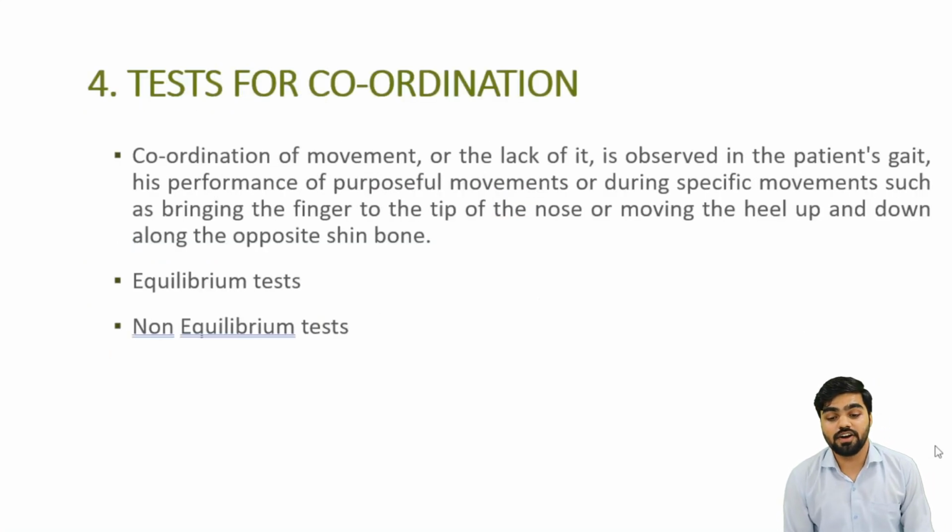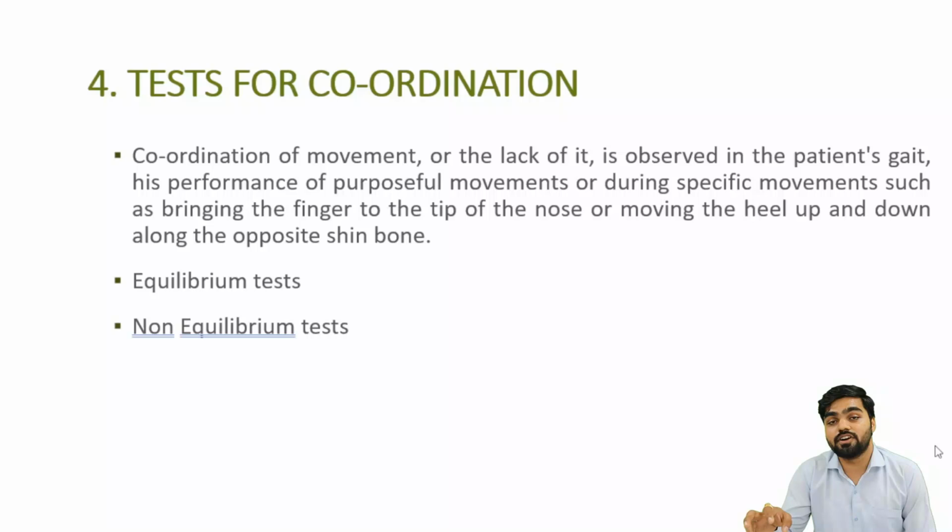Later on, test for coordination. Coordination of movement or the lack of it is observed in the patient's gait, or in performance of purposeful movements or specific movements, such as bringing the finger tip to the nose, or moving the heel up and down along the opposite shin bone. Here, some are complex movements, where you are not focusing on a single joint.